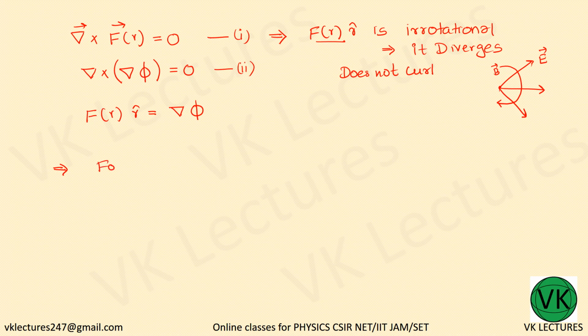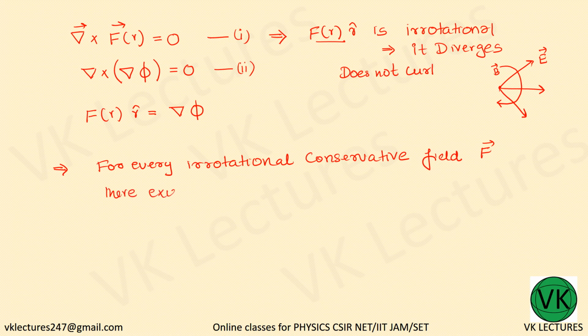For every irrotational conservative field f, there exists a scalar such that f is equal to del phi.